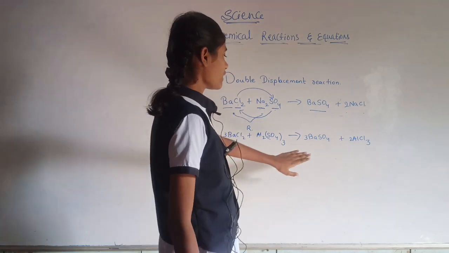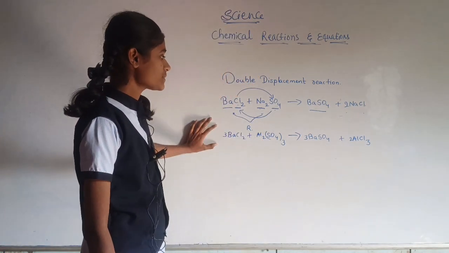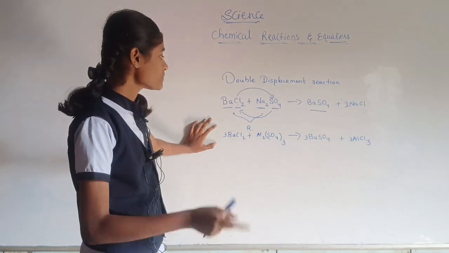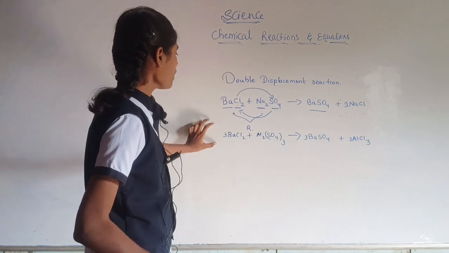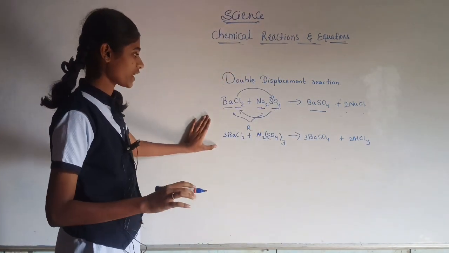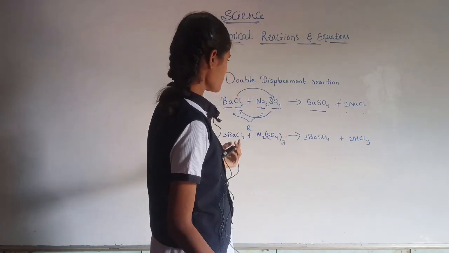Here also the barium sulfate is a precipitate, because in the double displacement reaction, when the two solutions are mixed, they displace each other. So a precipitate is always formed in the double displacement reaction. Here the precipitate is barium sulfate, here also barium sulfate.